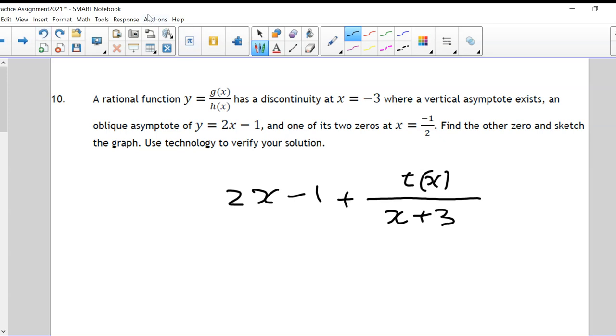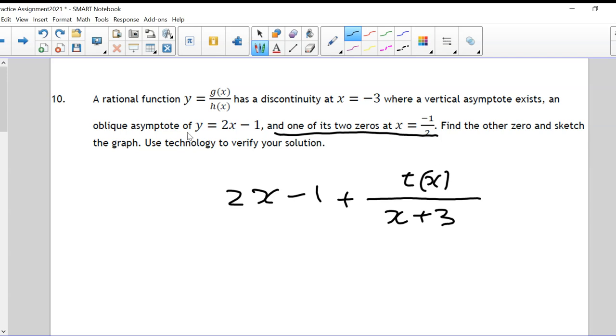So the other piece of information is that one of its two zeros is x equals minus a half. We have to find the other zero, but then we have at least one zero. So I'm thinking if it's a zero, doesn't that mean that plugging in minus a half into what we think the function is, here's a function so far that we think it is.